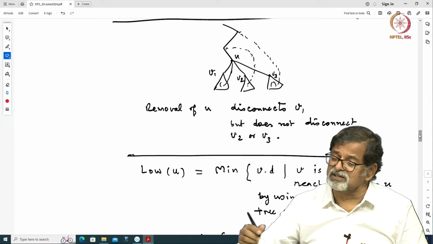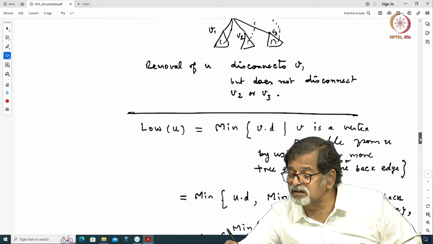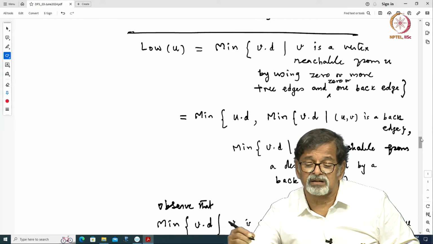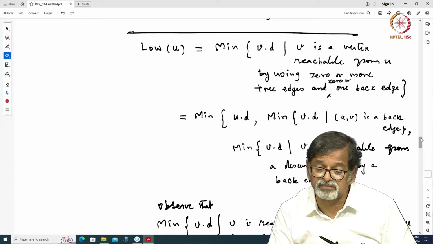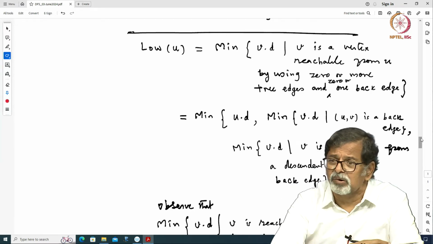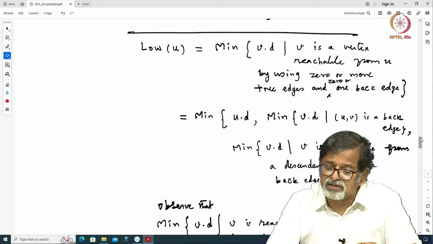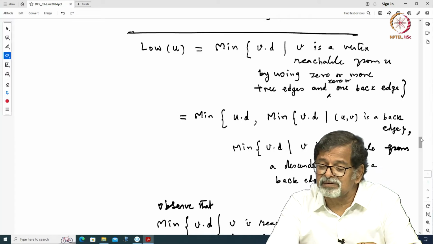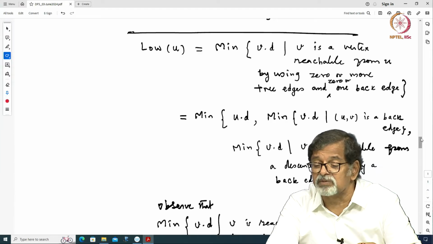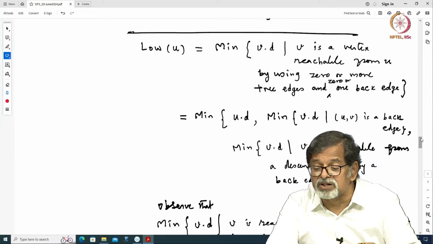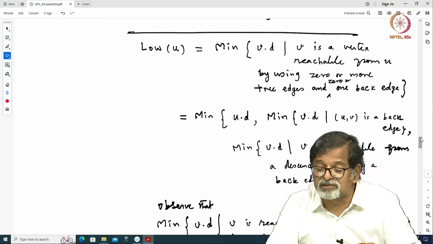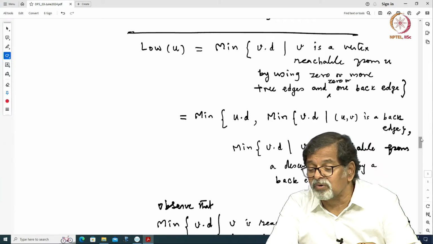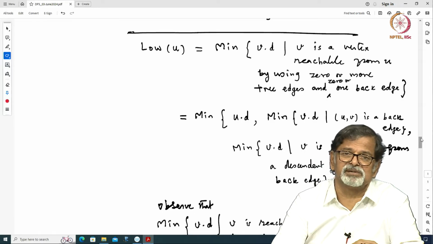So, motivated by this, we have a definition. Low of u is the minimum over V dot d, where V is a vertex reachable from u by using 0 or more tree edges and 0 or 1 back edge.